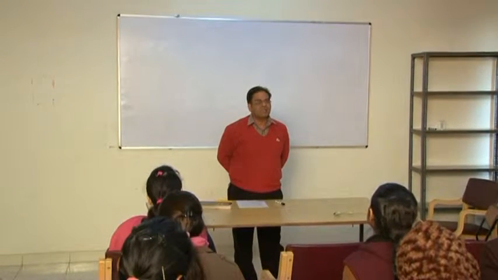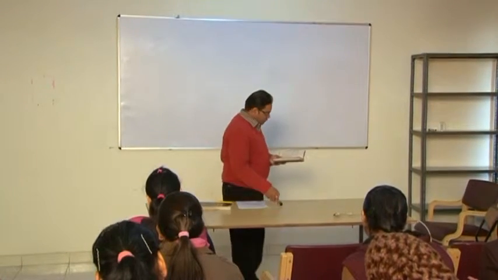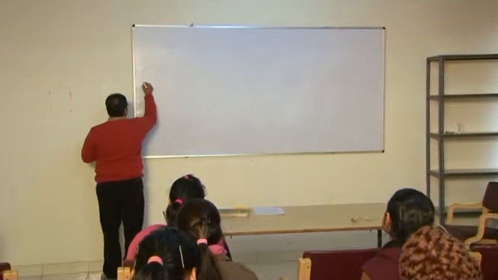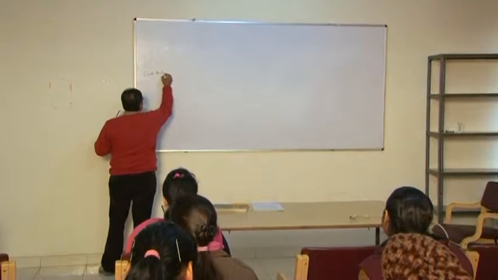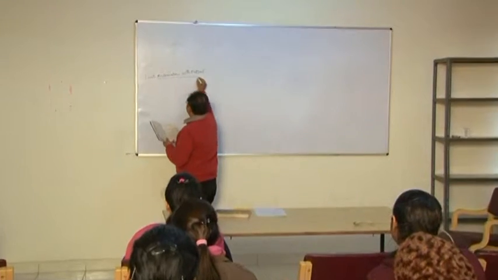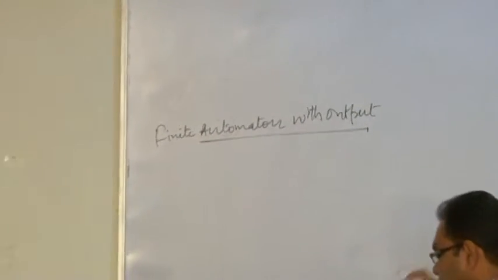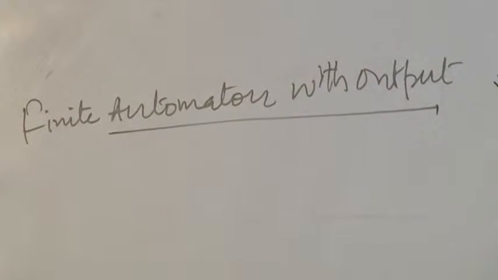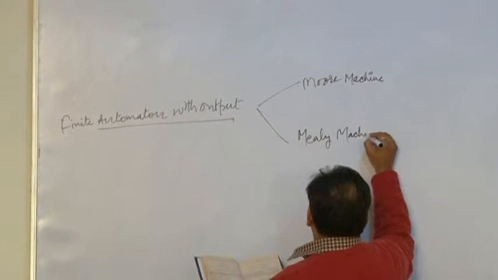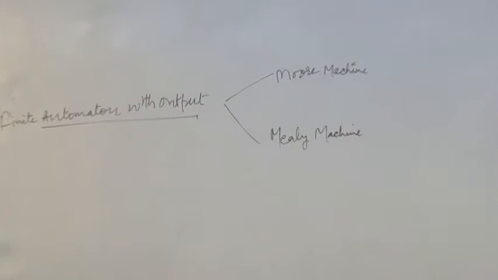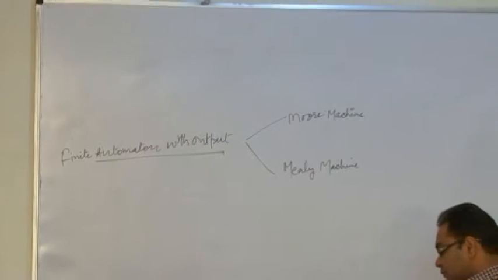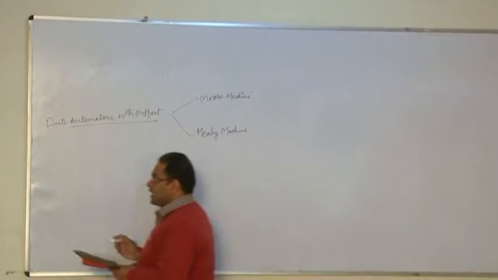One is the Moore machine, another is the Mealy machine. So we start with the Moore machine.